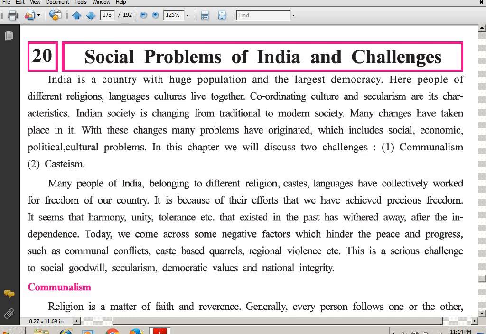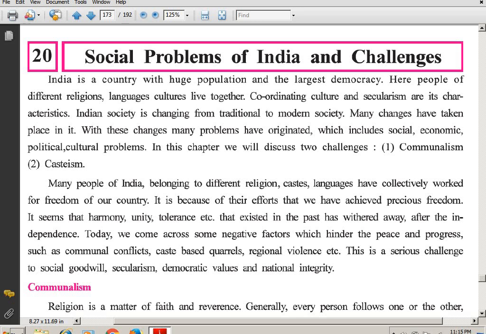Coordinating culture and secularism are the characteristics. Secularism, which we have already studied in 9th standard, you know what the meaning of secularism is. Here, all the religions stay together, we live together. We do not try to dominate one another.